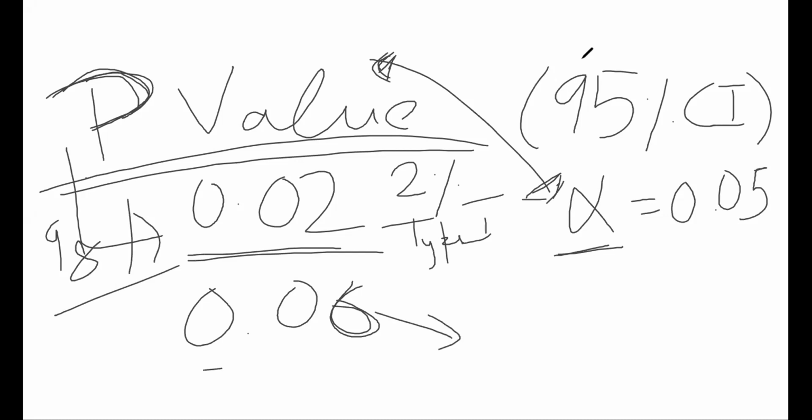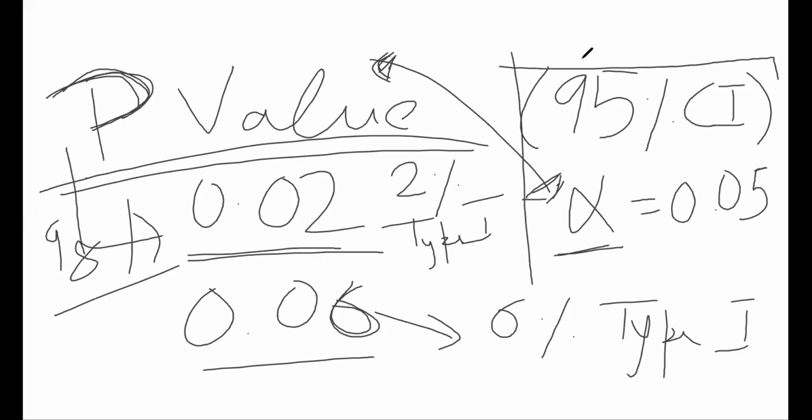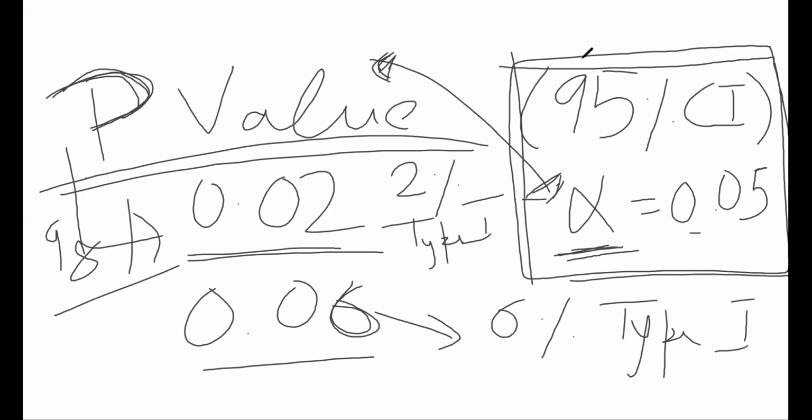In the case of 0.06, it is a 6% chance of type 1 error. When we state our result at the 95% confidence interval, the maximum allowed error is just 0.05. So if our type 1 error increases beyond 0.05, we have to accept our null hypothesis. That means we say our means are the same, our variances are the same, and there is no statistically significant difference.